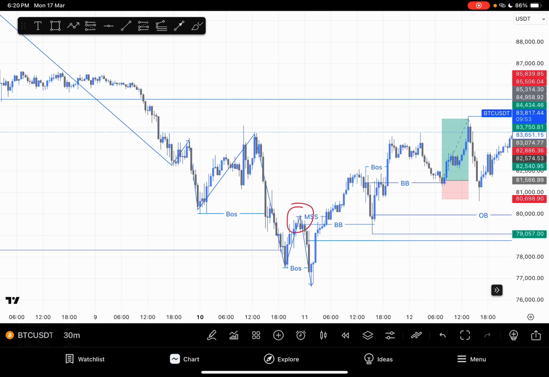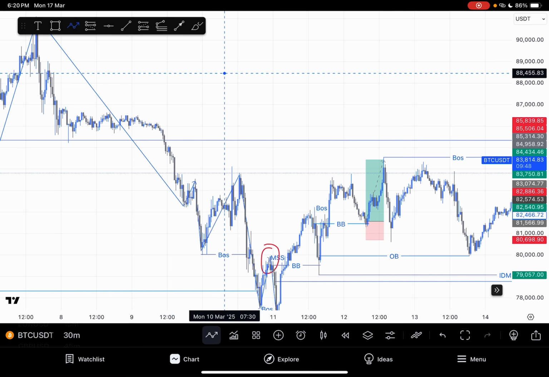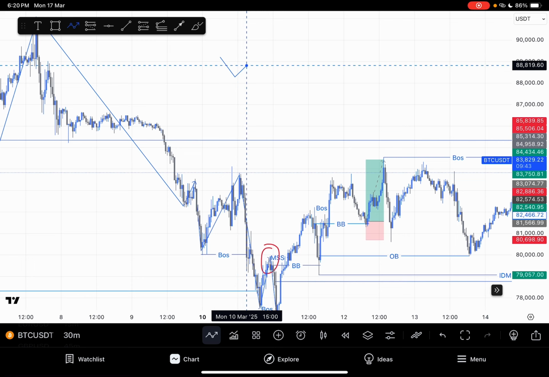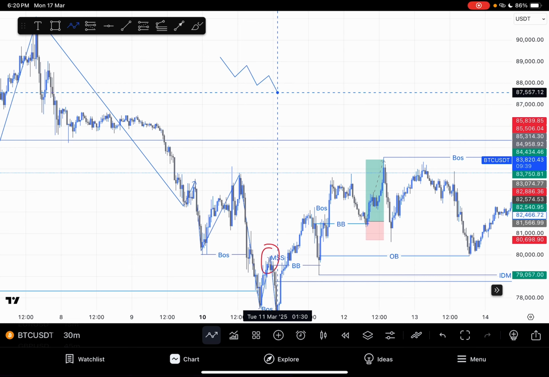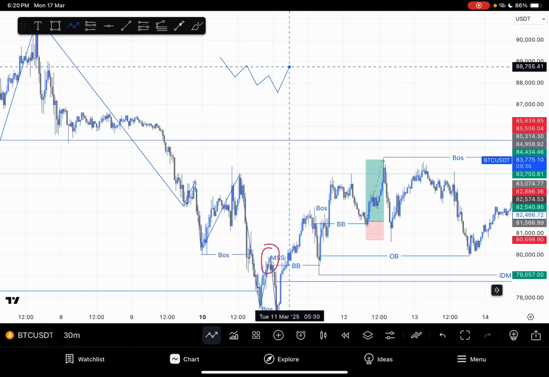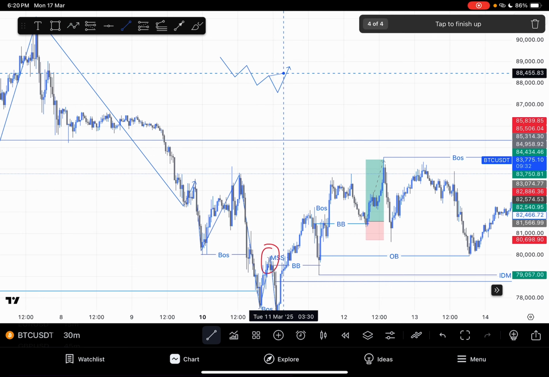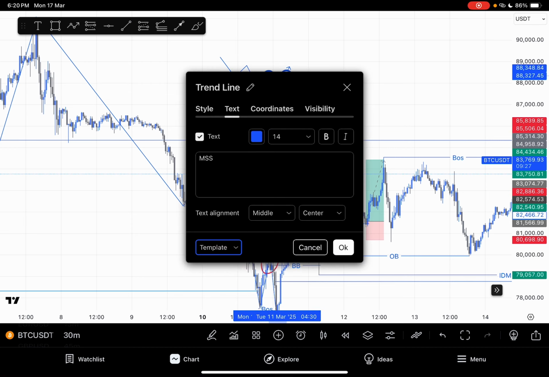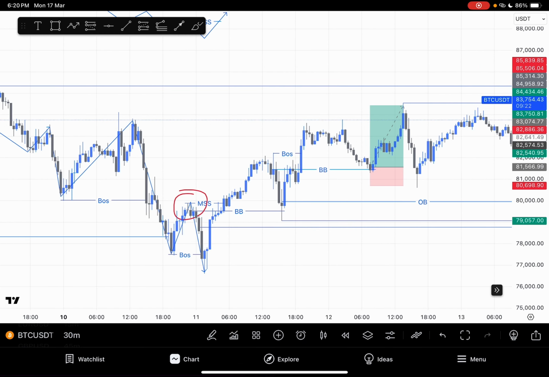And from the pattern of this, to spot a market structure shift for a downtrend, you see price creating multiple break of structure to the downside, and suddenly you see price breaking above the previous high, which is at this point here. So this is the market structure shift. That's the market structure shift. So you can clearly see that's the market structure shift, and I marked that out.